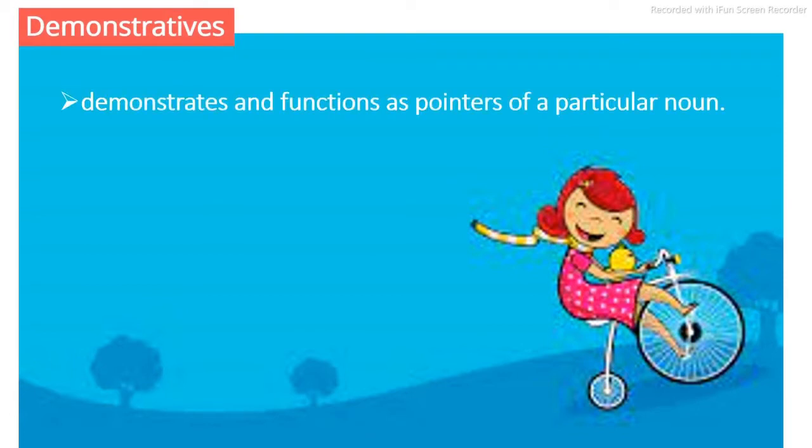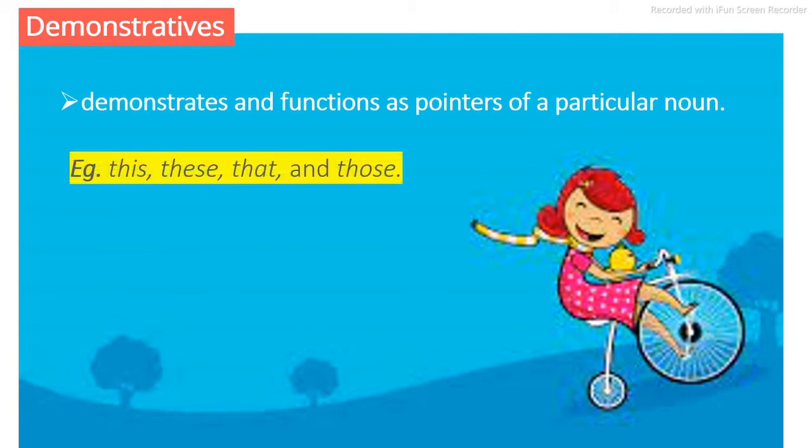And the next determiner is demonstrative. It's very clear from the name itself that it is used to demonstrate something, and it functions as a pointer to a particular noun, from the speaker's point of view, showing where the thing or the person is. For example, this, these, that, those are the demonstratives used to point out something.